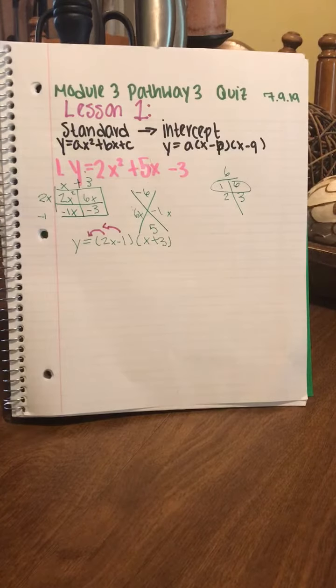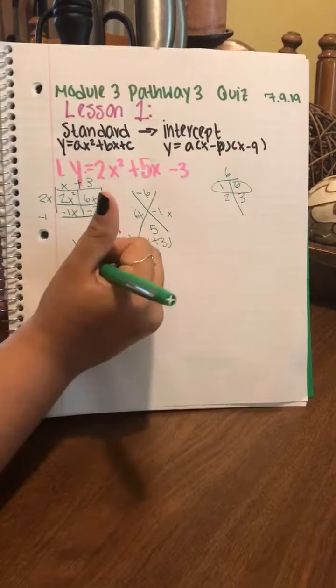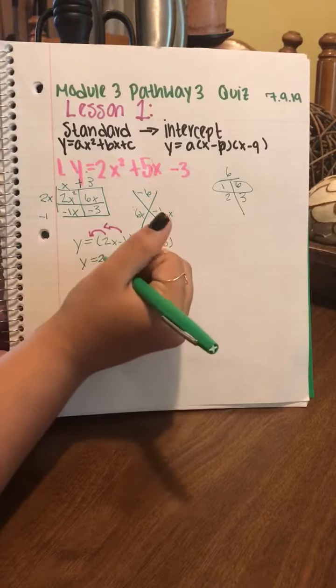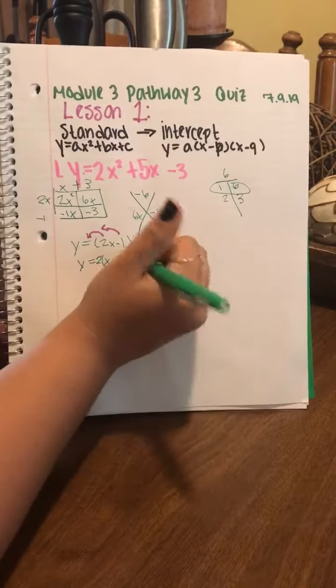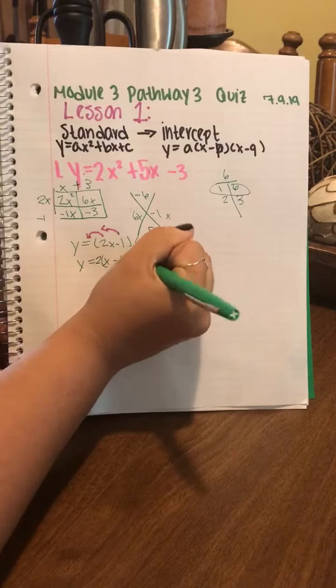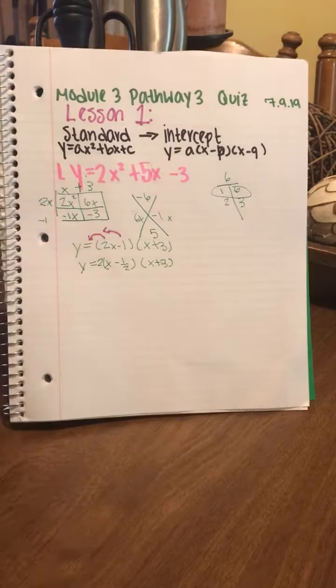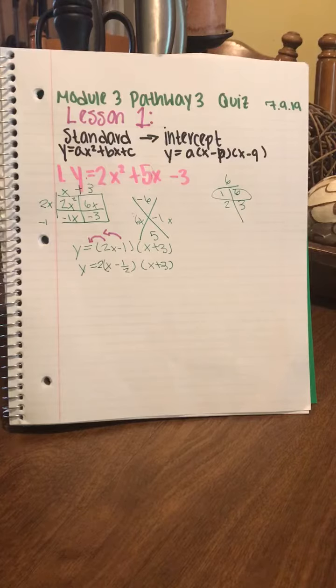So that's going to give me y equals 2x, but parentheses, minus 1/2 times x plus 3. And that is how you convert standard form to intercept form using factoring.